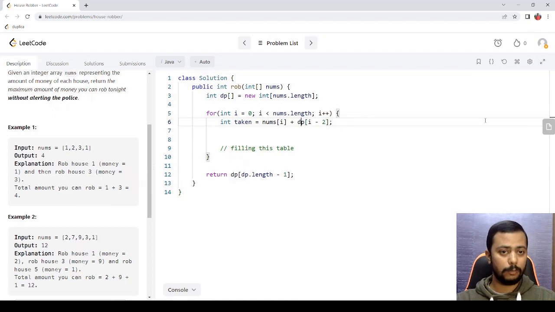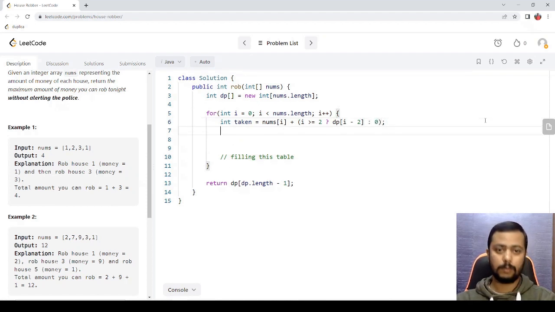But since we are doing a look back of 2 here, we need to ensure that we are not running into negative indices. So we will put a conditional check that i should be greater than or equal to 2. If that is the case, I can do a look back of 2. Otherwise, this value will be 0.